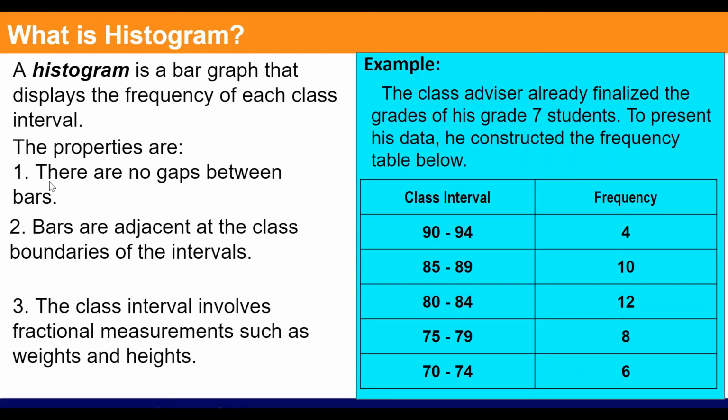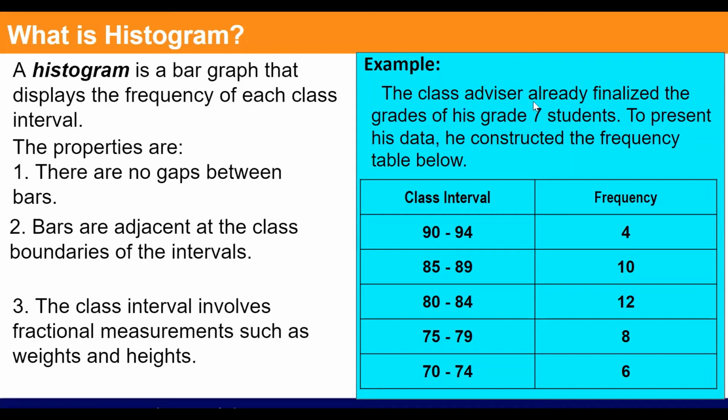The properties are, number 1, there are no gaps between bars. Okay. So, ibig sabihin, no gaps. It means, dikit-dikit po yung bars natin. Number 2, bars are adjacent at the class boundaries of the intervals. Number 3, the class interval involves fractional measurements such as weights and heights.